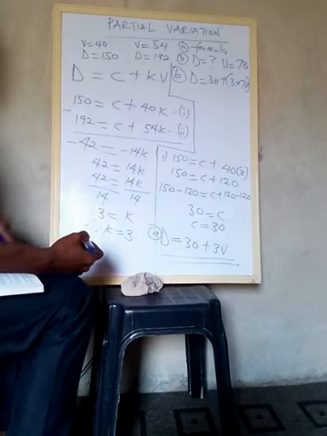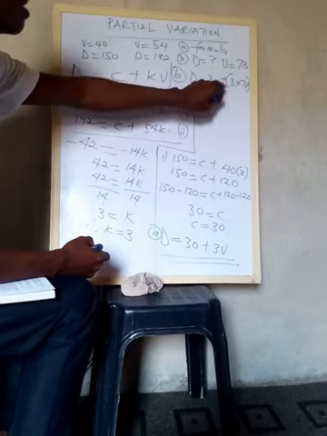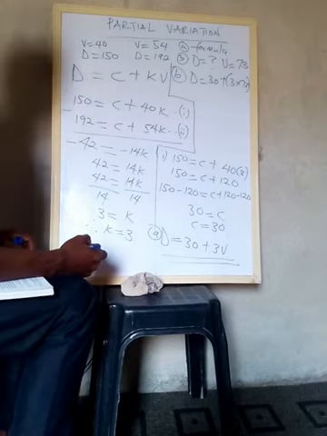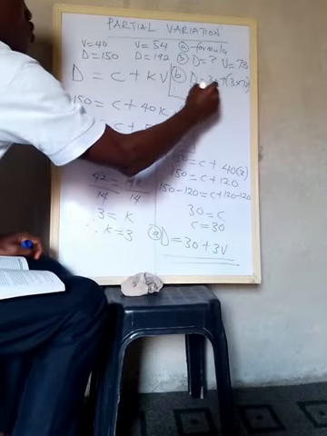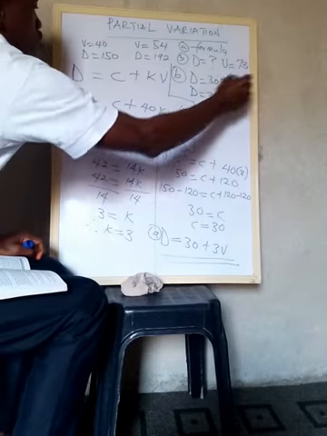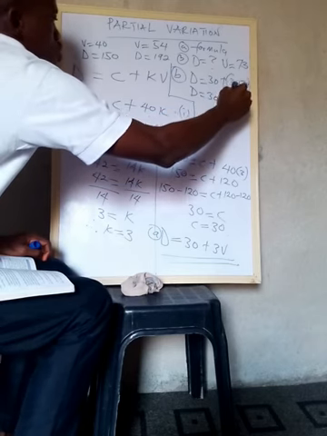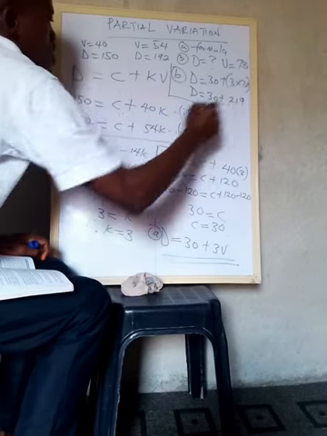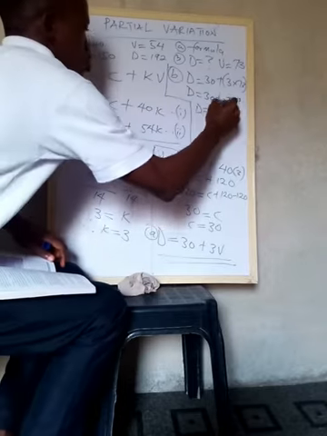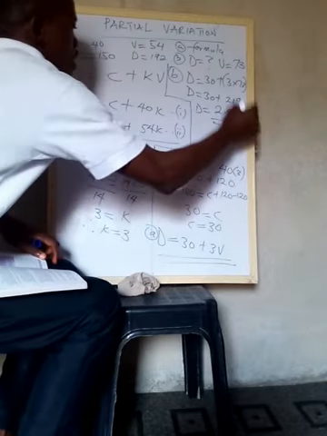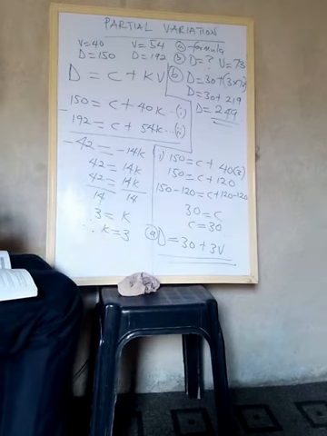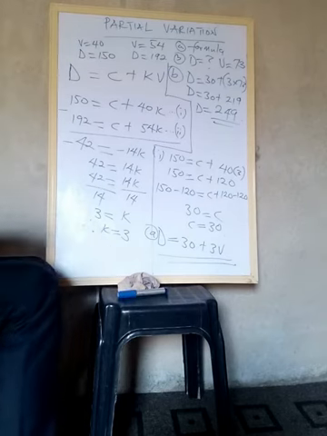Put it in a bracket to show that we have to do this one first before adding, so that it doesn't confuse us. So D is equal to 30 plus 3 times 3 is 9, 3 times 7 is 21, so 219. 30 plus 219 is 249. First example on partial variation.